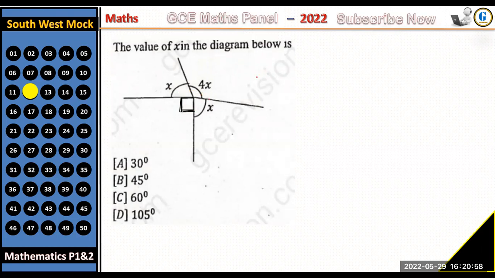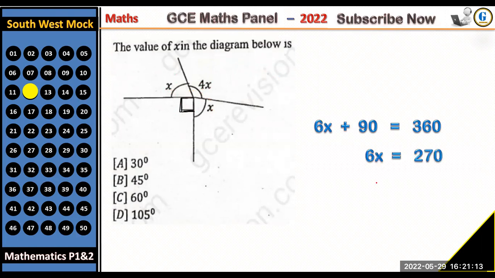Now the sum of all of these angles is equal to 360 degrees. So 90 degrees plus x plus 4x gives us 6x plus 90 degrees. So 6x plus 90 degrees equals 360 degrees. From here, 6x will be 270 degrees, and x will give us 270 divided by 6, which is 45 degrees. So we have 45 degrees for question 12.